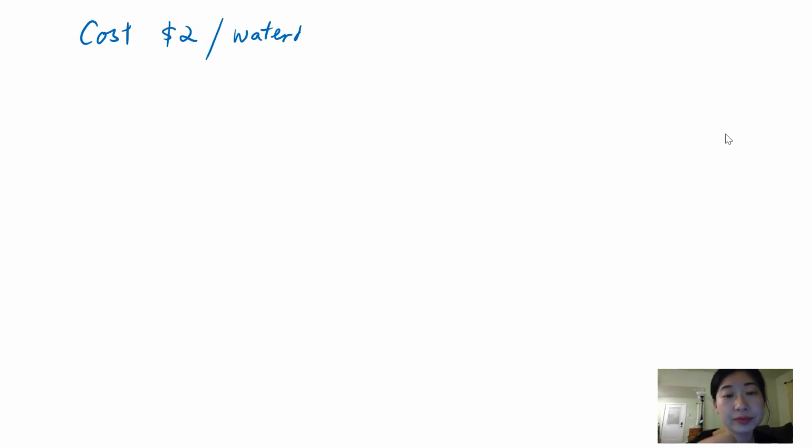So I'm gonna write it costs us $2 per watermelon. And then we would turn around and sell the watermelons to people on the street for $8 each.